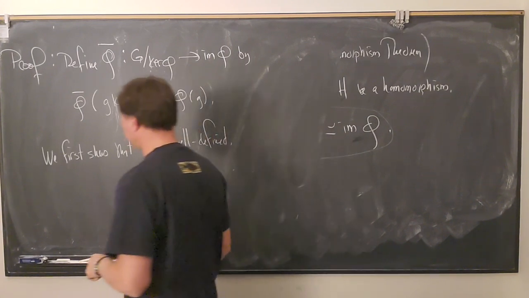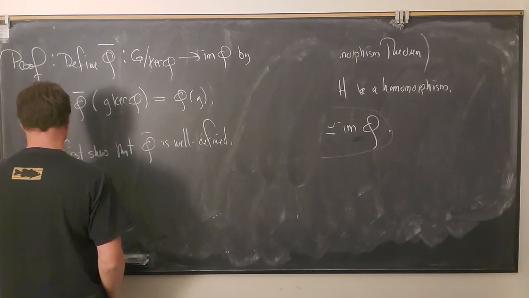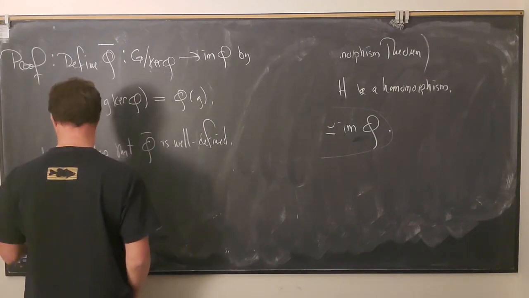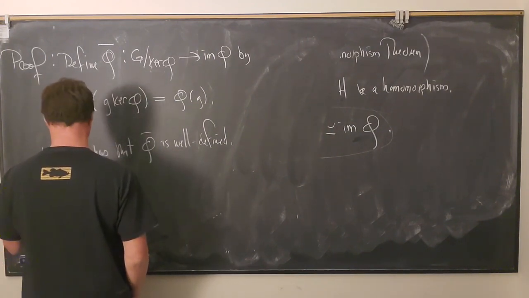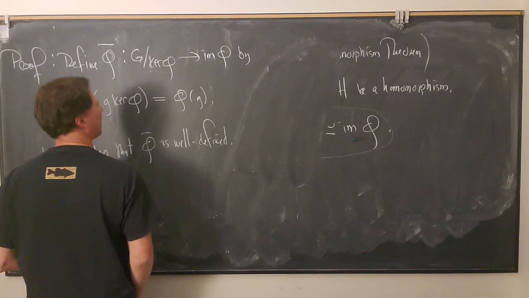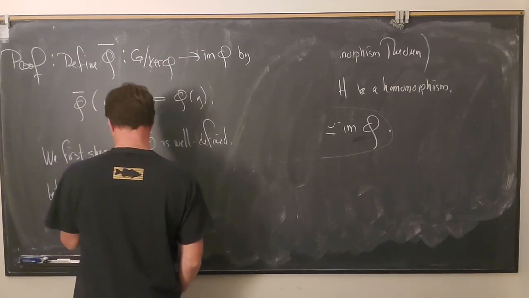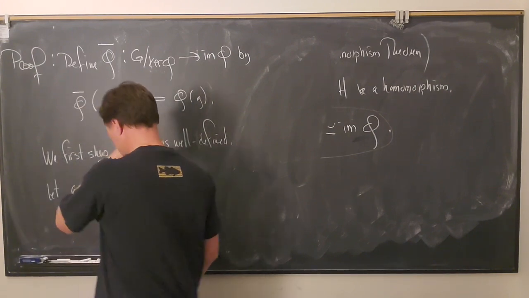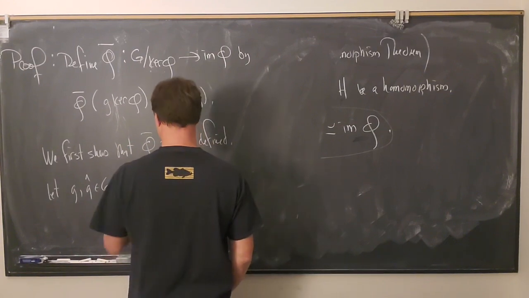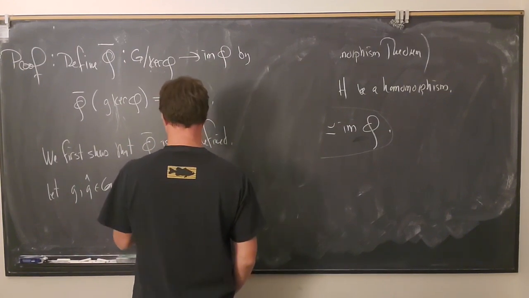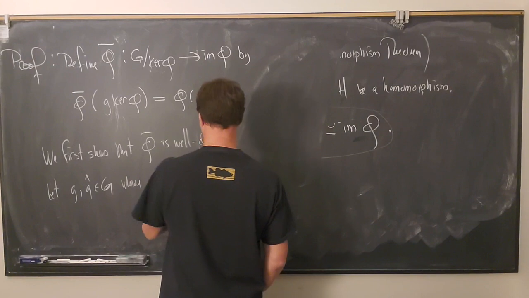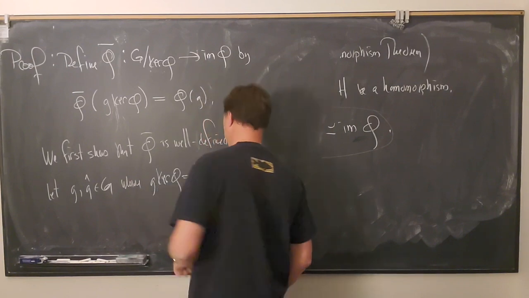To do so, let's choose a couple of cosets. Let g and g hat be in G, where it gives us the same left coset, where g times kernel of phi is equal to g hat times kernel of phi.